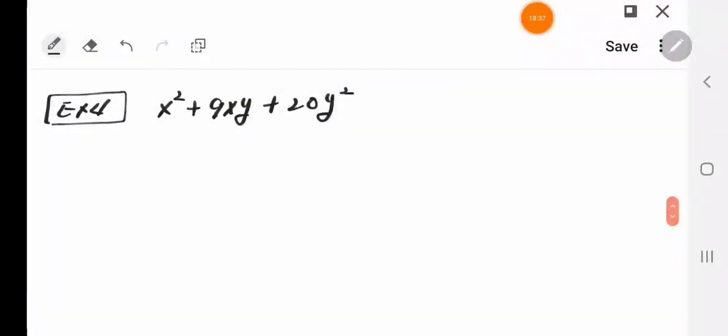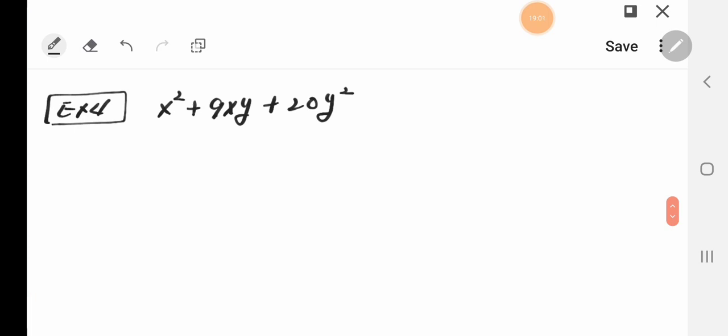Okay, example 4. This is also a trinomial, but it is a little bit different. This trinomial has two variables, x and y. Then we have to make sure they are in the right order. The first term is x squared, the last term is y squared, and the second term is the combination of x and y, so this is in the right order.